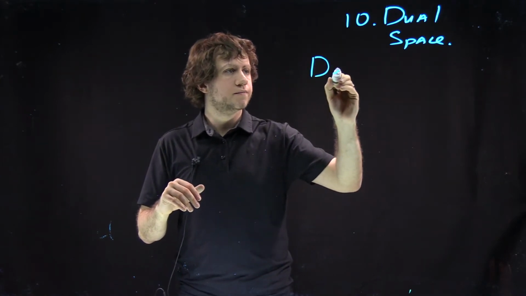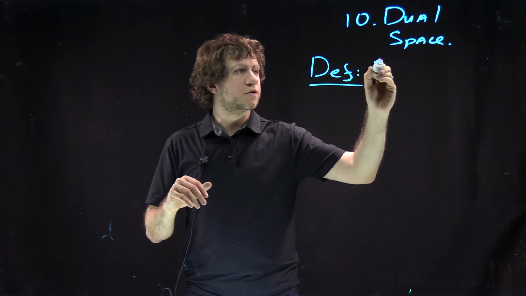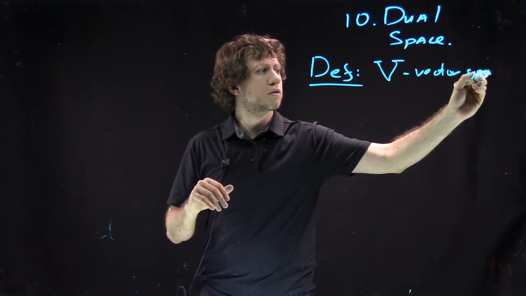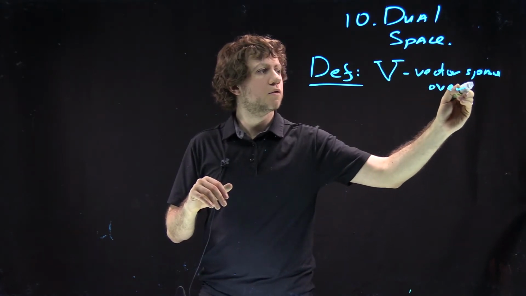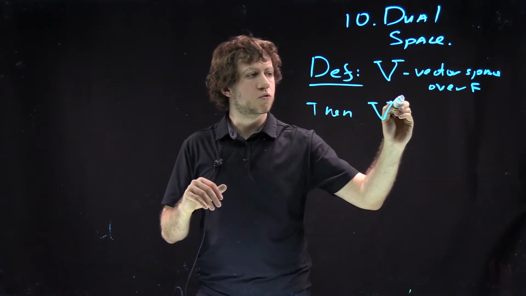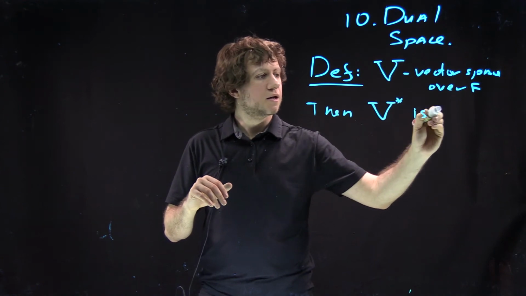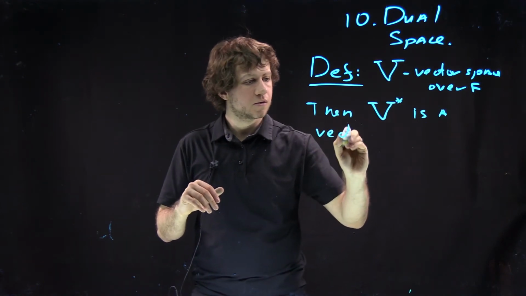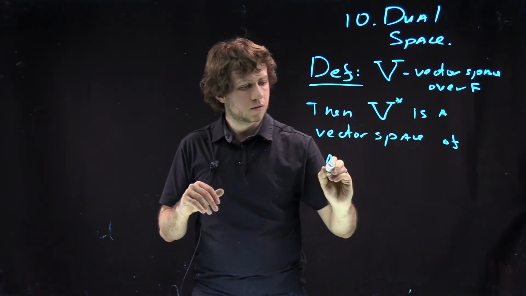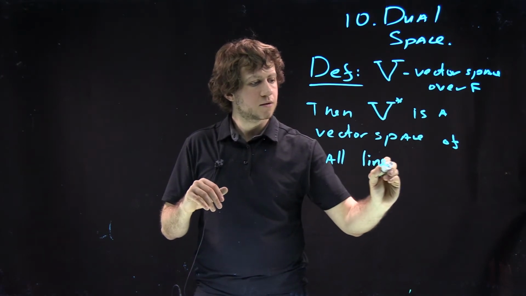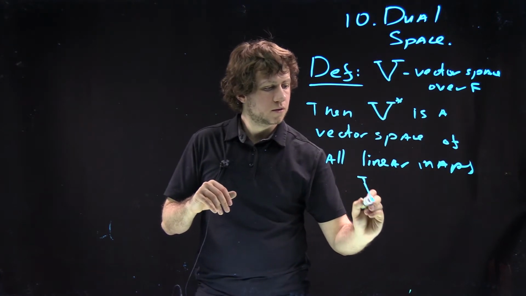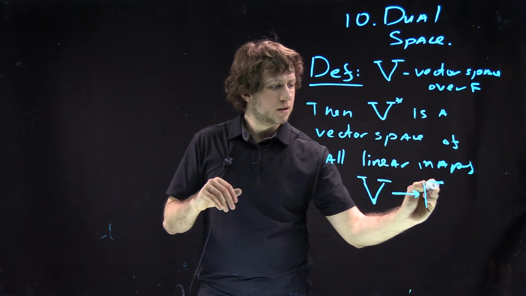So, definition: let V be a vector space over F, and then V star, that's called the dual space, is the vector space of all linear maps from V to F. So like phi.